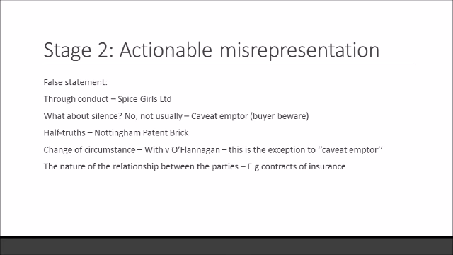In some cases, the relationship between the representor and the representee is also something that needs to be taken into account. This is especially true in cases involving insurance companies.